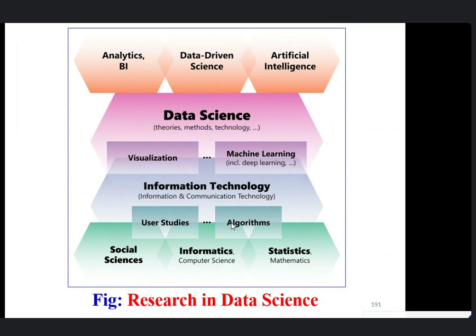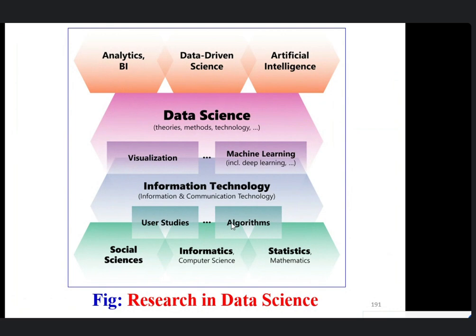Then research in data science: you need to start with various fields like analytics in business information, business intelligence, data-driven science, and artificial intelligence. Then we are deriving data science theories, methods, and technology. Then we derive visualization, all the graphical representation of the applications. Machine learning includes deep learning.